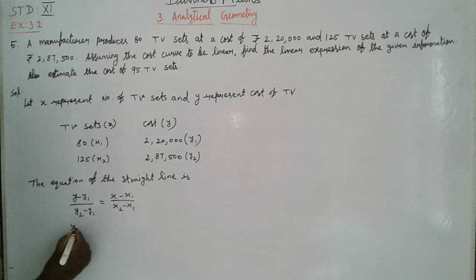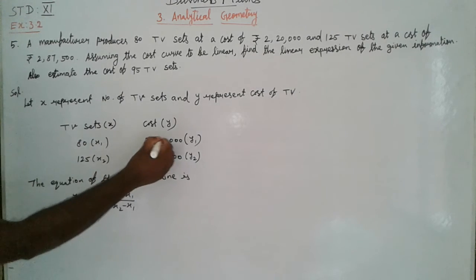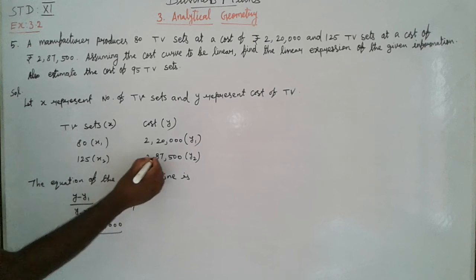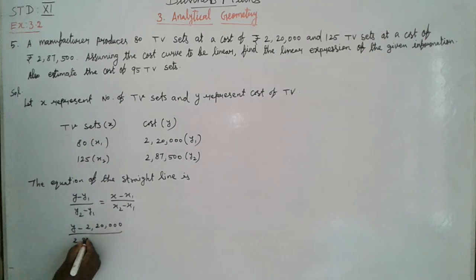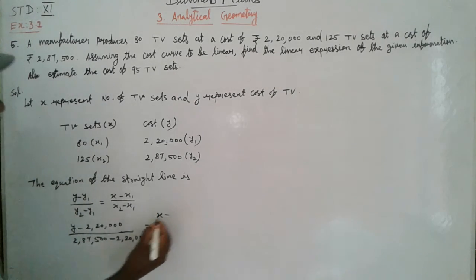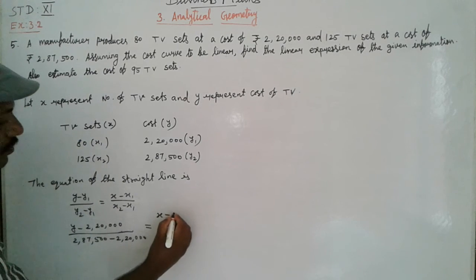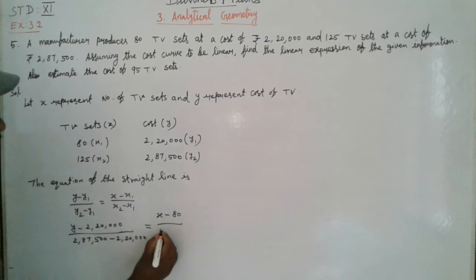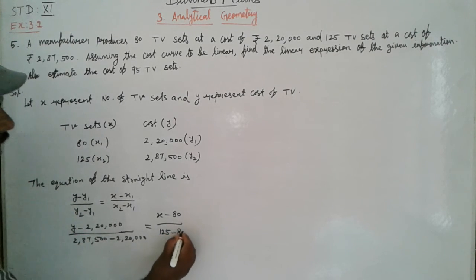So y minus 2,20,000, divided by 2,87,500 minus 2,20,000, equals x minus 80, divided by 125 minus 80.